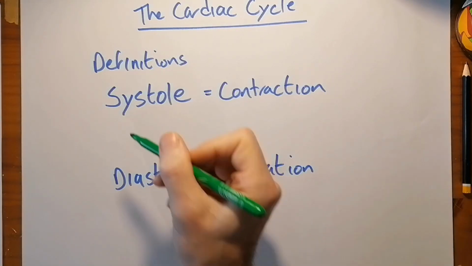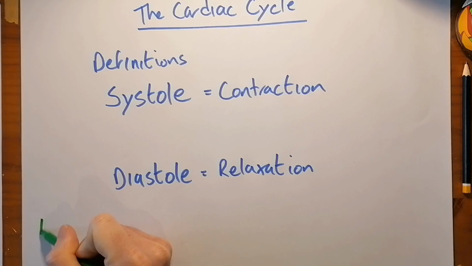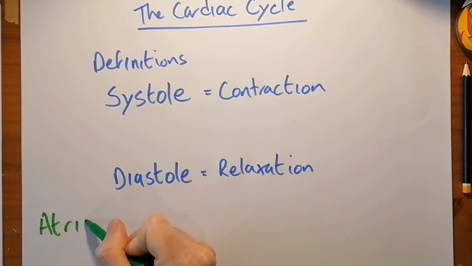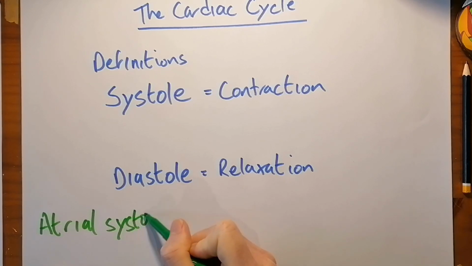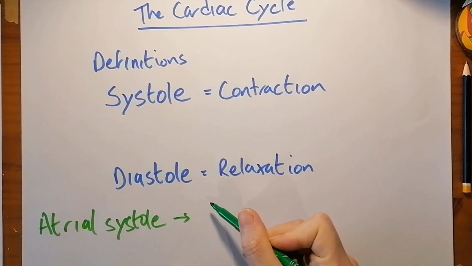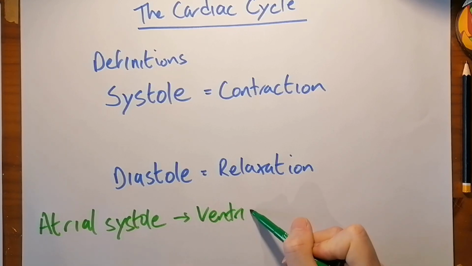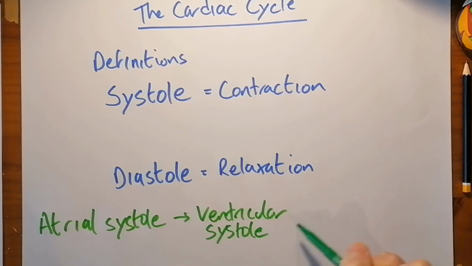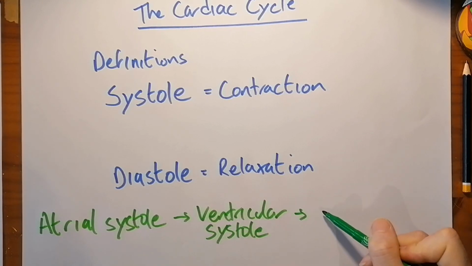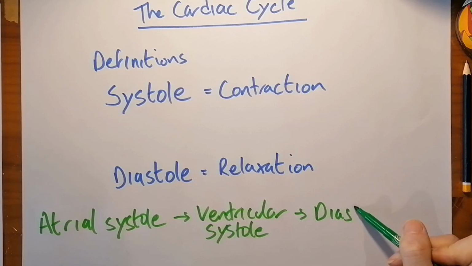So the events of one cardiac cycle, which doesn't take very long, would be atrial systole, followed by ventricular systole, followed by diastole, where the whole heart relaxes.